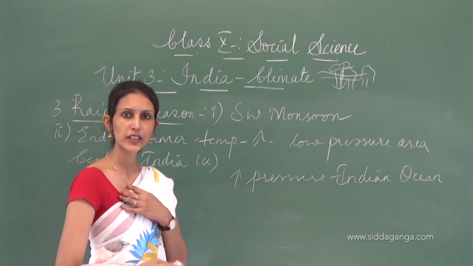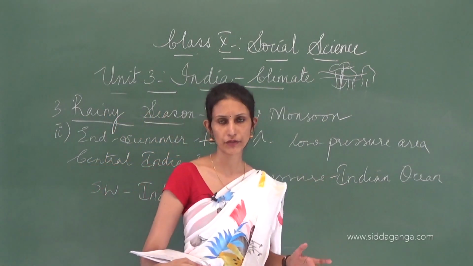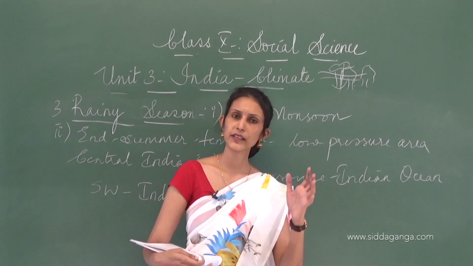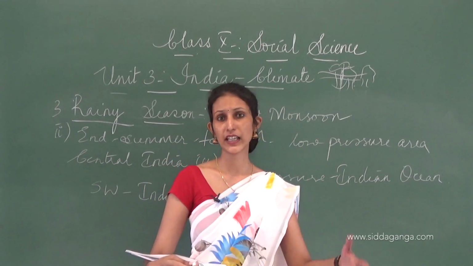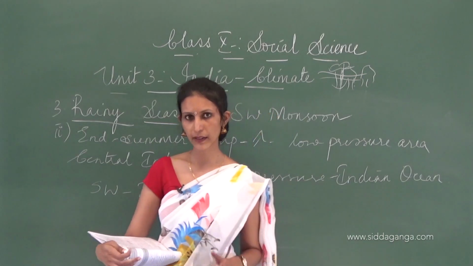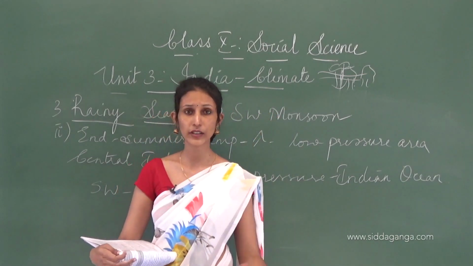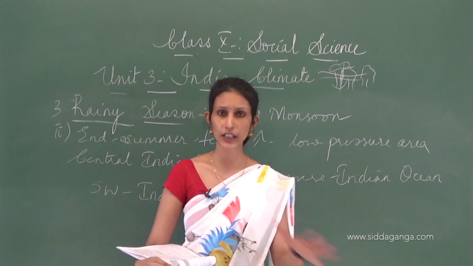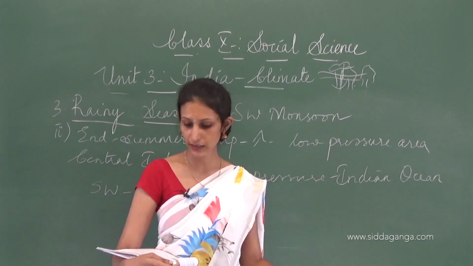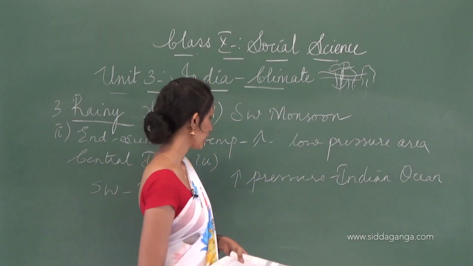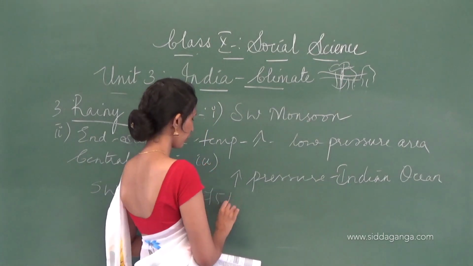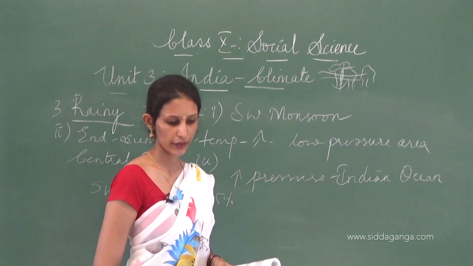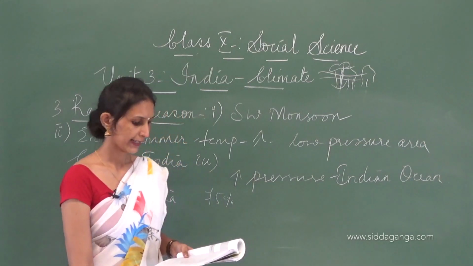Now every part of the country has a different kind of rainfall. It's not regular in all the places, it's uncertain. Here 75% of the annual rainfall occurs.